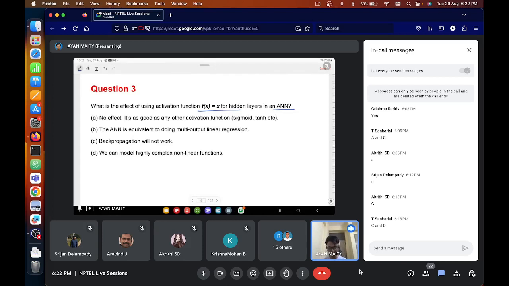If we use this activation function f(x) = x, basically we are not transforming anything. Just the x we get from the hidden unit, we pass that on to the next hidden layer. So this is called linear activation, where we are not transforming the point at all.